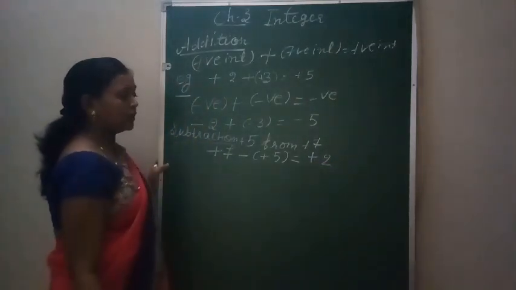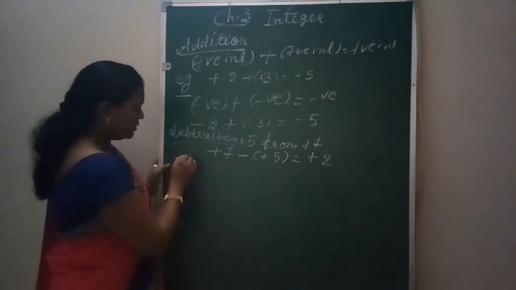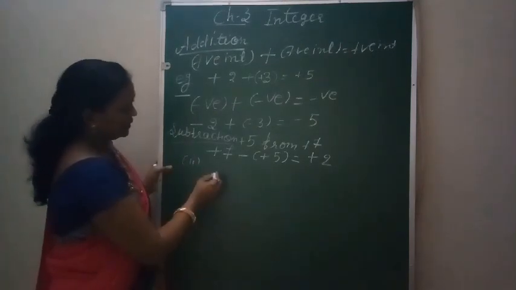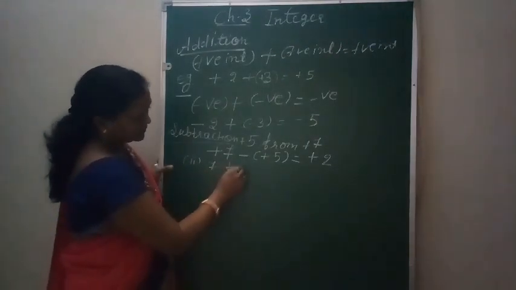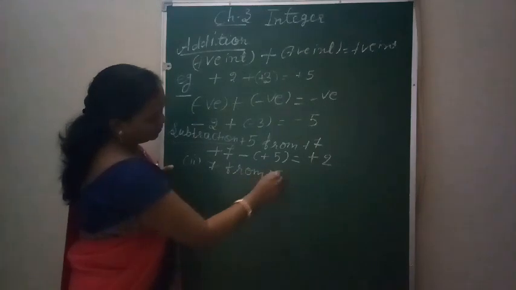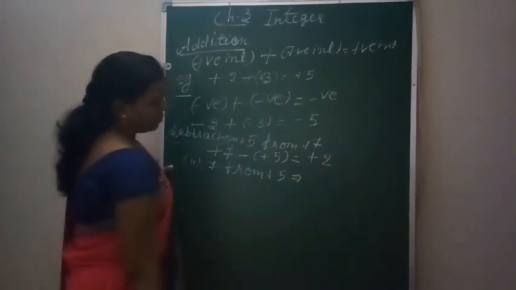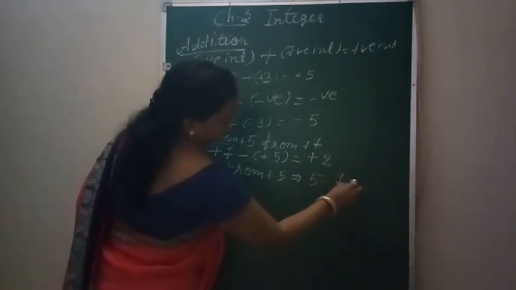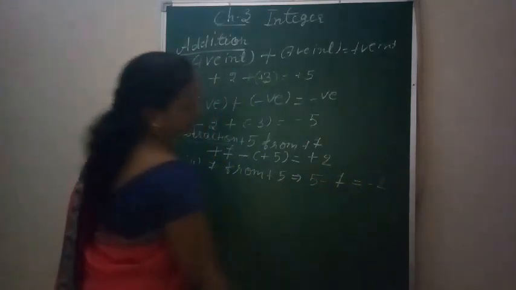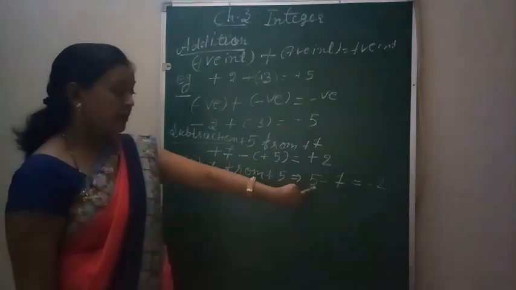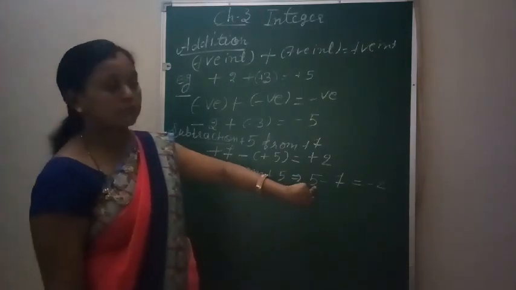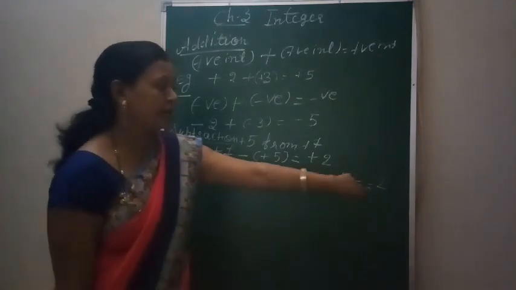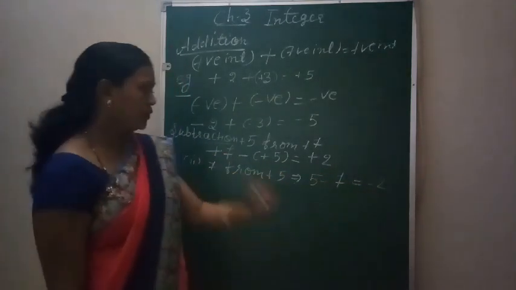But one more condition is there. When we subtract 7 from 5, it is 5 minus 7, then your answer will be minus 2. Why? We subtract the bigger number from the smaller number, so 5 minus 7 is minus 2.